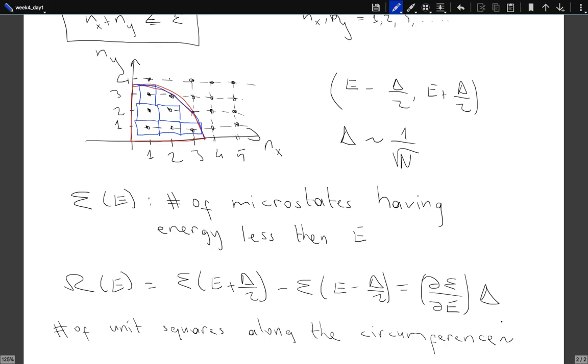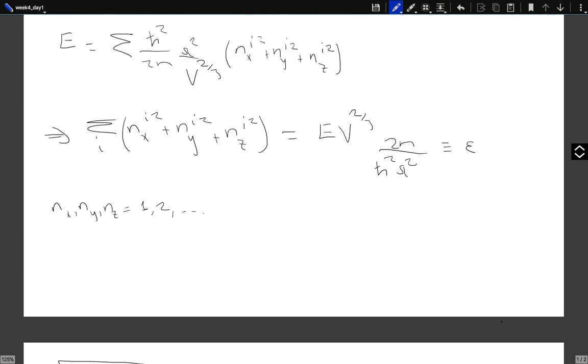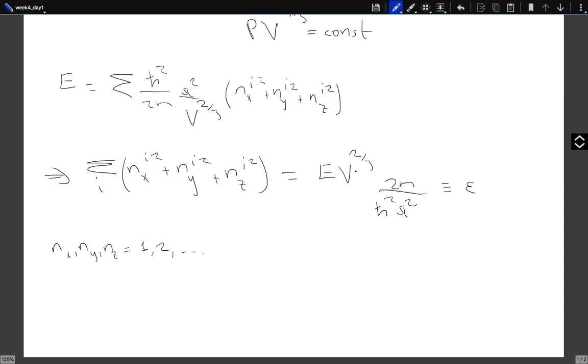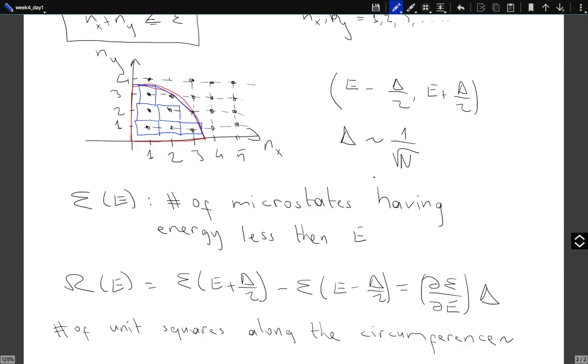Well, in our actual example, we are interested in a 3n-dimensional number space, and the radius of this disk is proportional to, if you go back to our actual example, this number, E times V to the power 2/3.